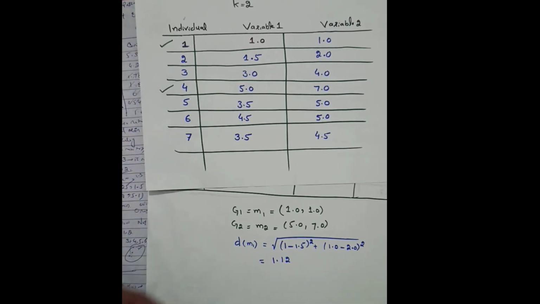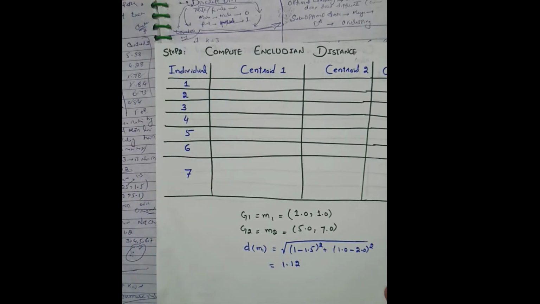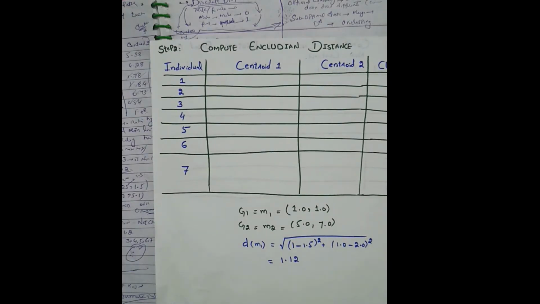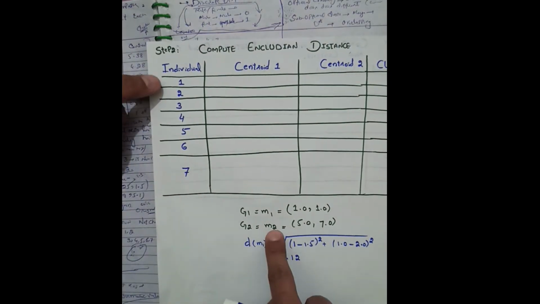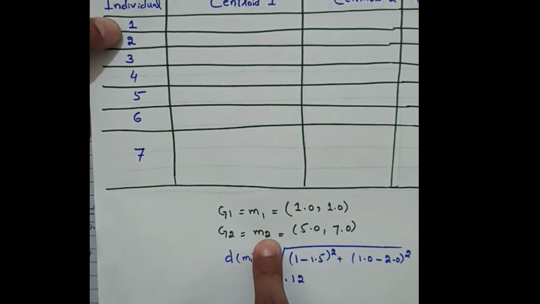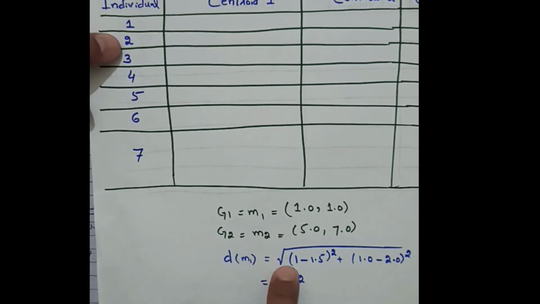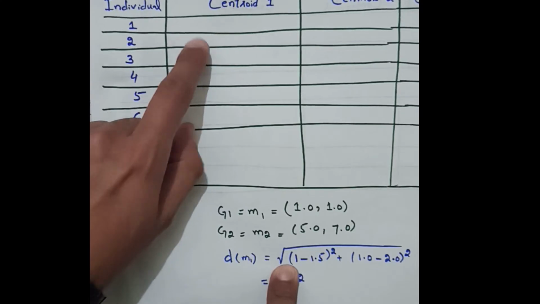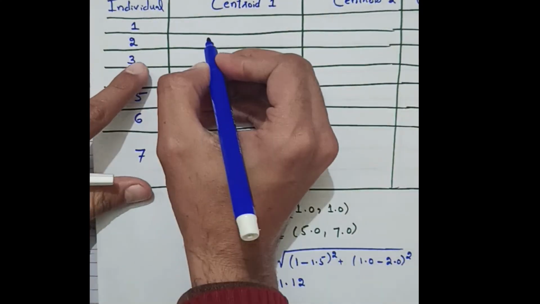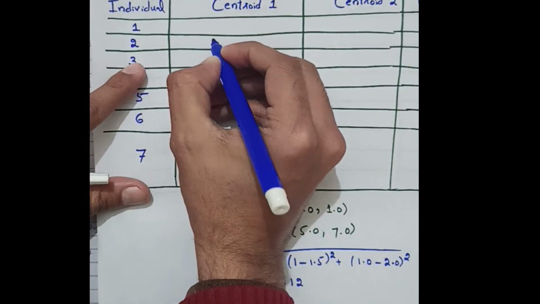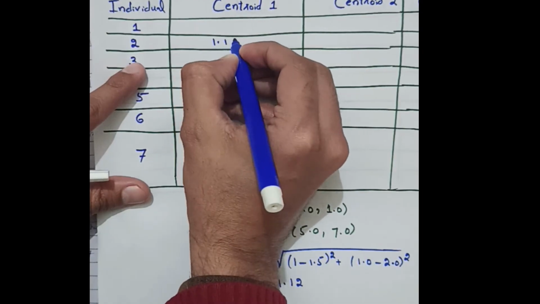Similarly, if I go to this table, at the place of individual 2 with respect to centroid 1, I write this value, which is equal to 1.12.